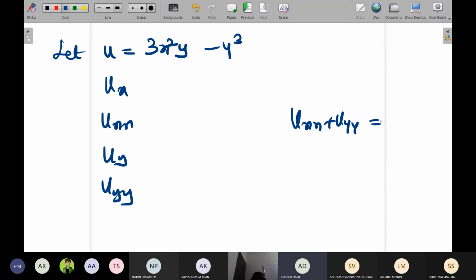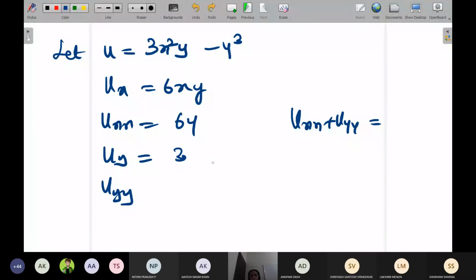Ma'am, it is harmonic. Okay. So what is your ux? Partial differentiation with respect to x, so it will be 6xy. uxx will be 6y. What will be your uy?